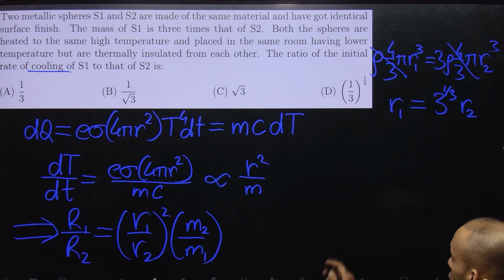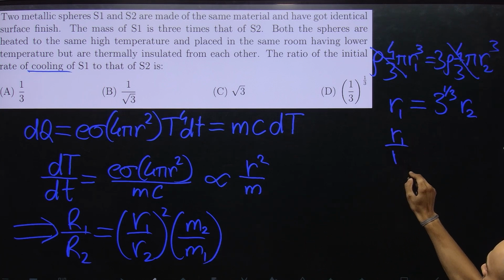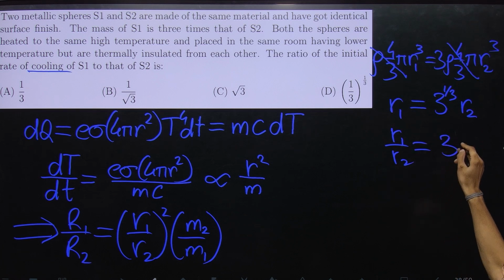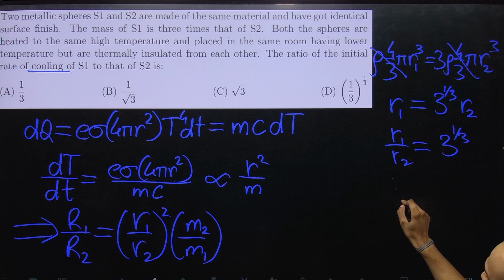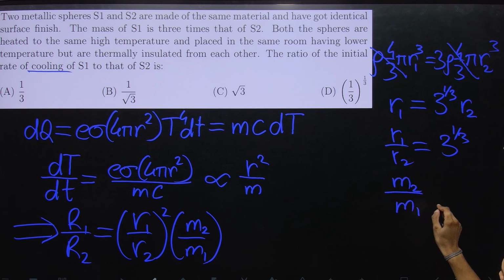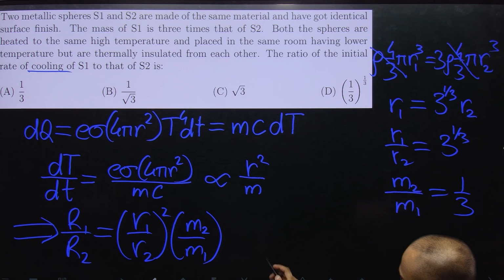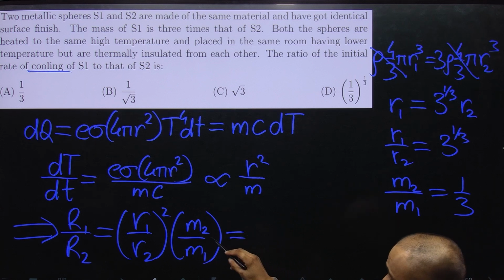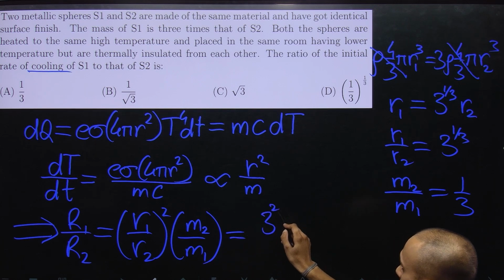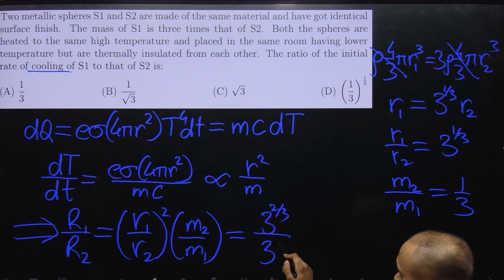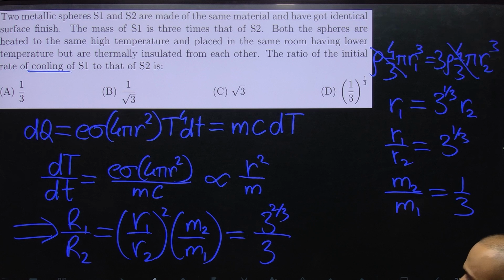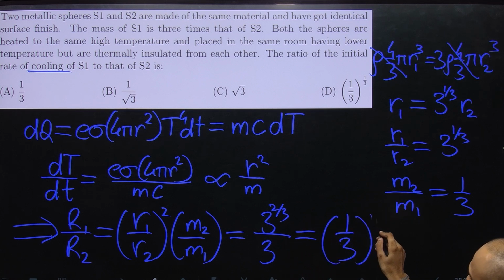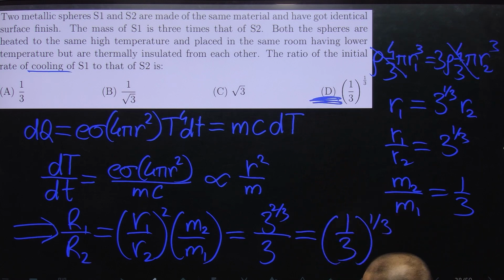Now we know that the ratio r1 upon r2 is equal to 3 raised to 1 by 3, and the ratio of their masses m2 upon m1 is equal to 1 by 3, since mass of m1 is 3 times the mass of m2. So the ratio of the rates of cooling will be 3 raised to 2 by 3 upon 3 raised to 1. That is 3 raised to 3 by 3 in the denominator. So we will have a final expression of 3 raised to minus 1 by 3 or 1 upon 3 raised to 1 by 3. Option D is matching over here.